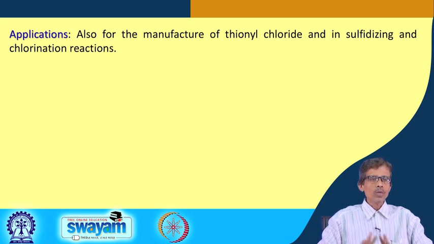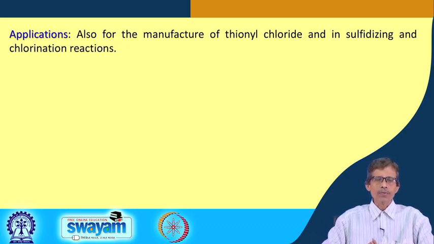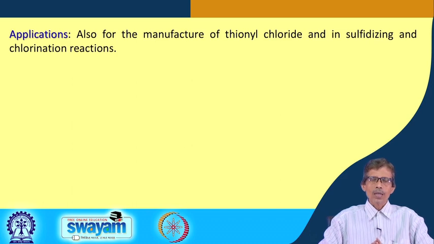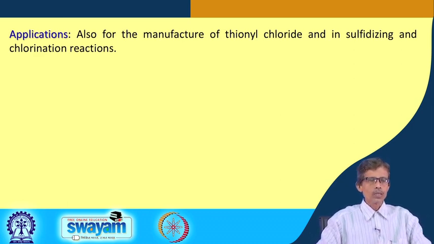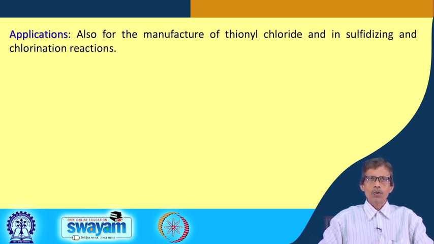Here we will take the example of one application: the manufacture of thionyl chloride, and in sulfidizing and chlorination reactions, what we have seen also earlier in case of your S2Cl2 molecule. Why we produce another kind of this molecule is also interesting to know, because the reactivity pattern for these two compounds, S2Cl2 versus SCl2, can be different.